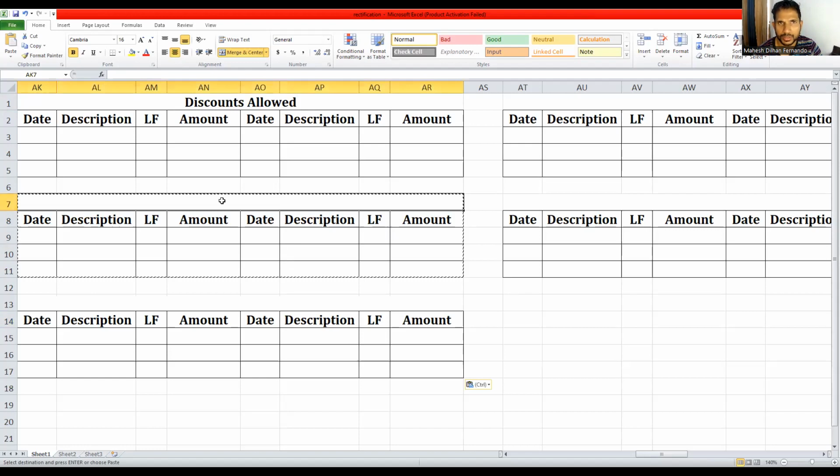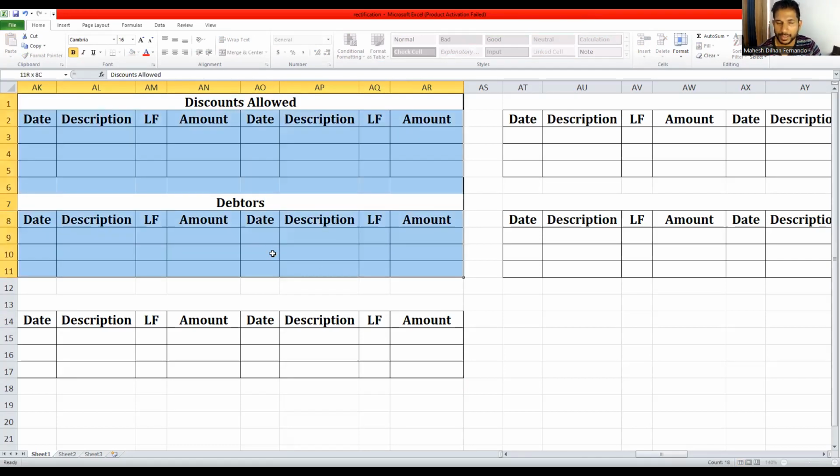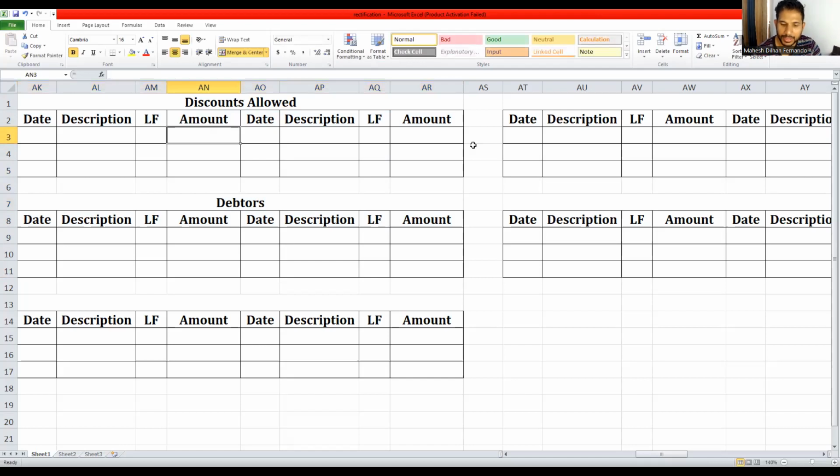These are the two accounts we need. Now what we have done, the discounts allowed is correctly recorded here. So I think you know that normally the debtors account should be credited. Normally, the debtors account should be credited to complete the double entry system.